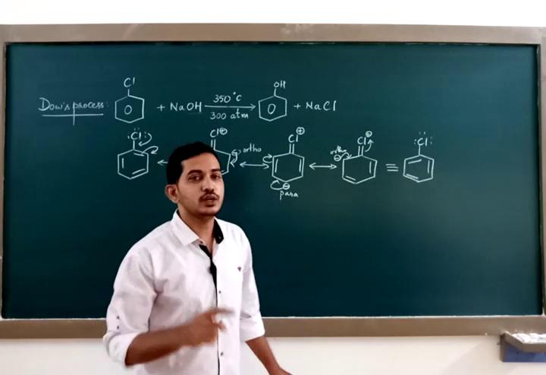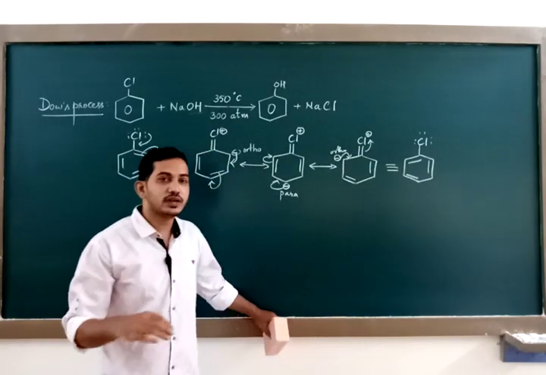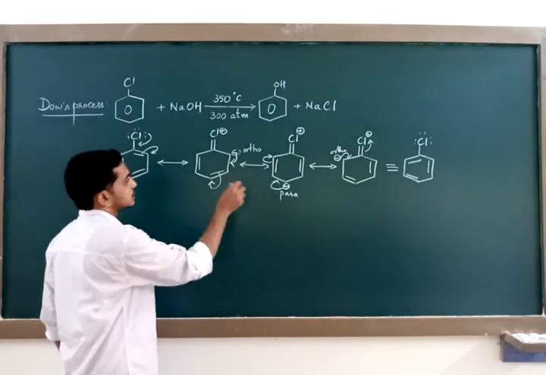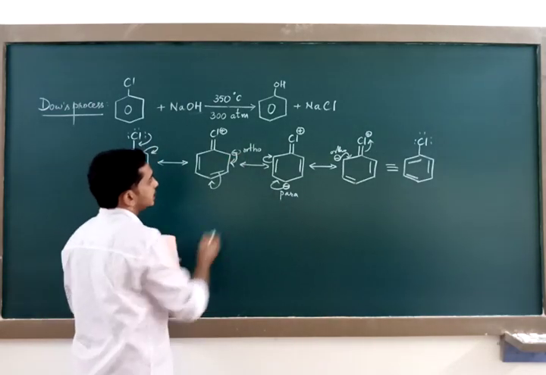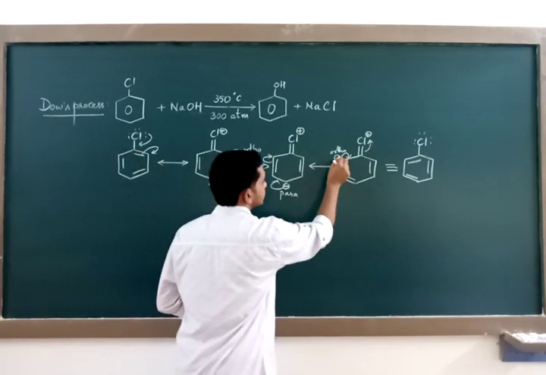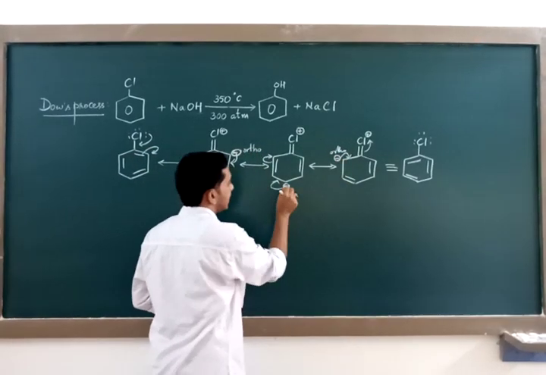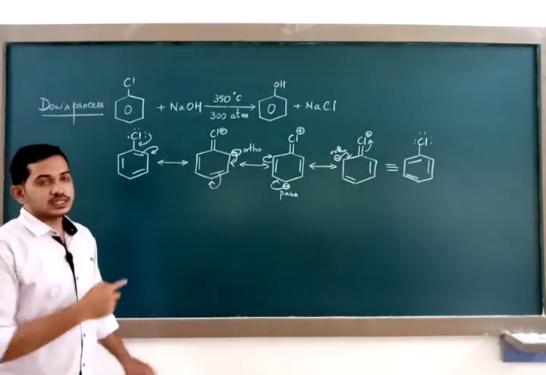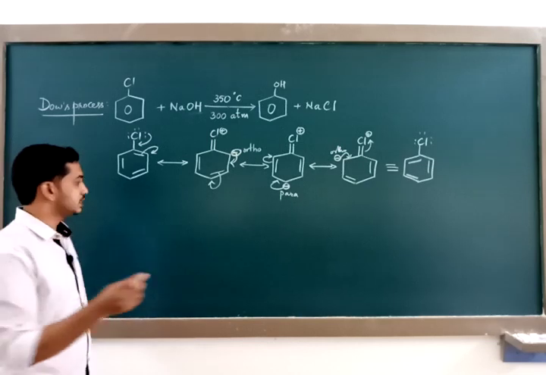For this to happen, you need to remove the excess electron density present on the benzene ring. You notice that in these structures, the electron density is more at ortho positions, twice at ortho positions and once at para position. To explain how this affects the reaction, let us see.